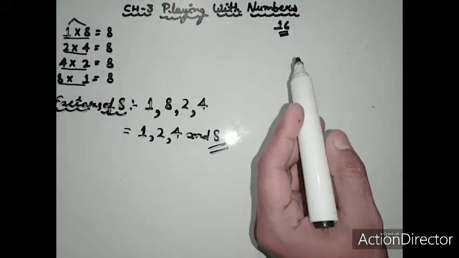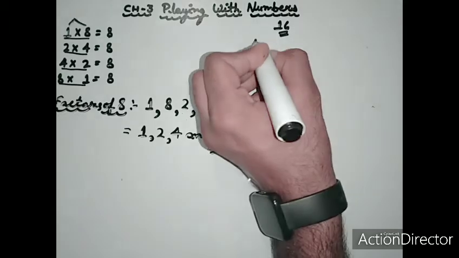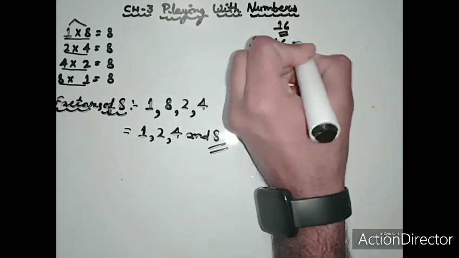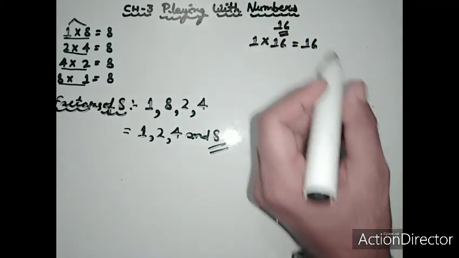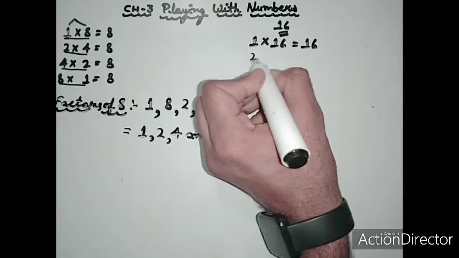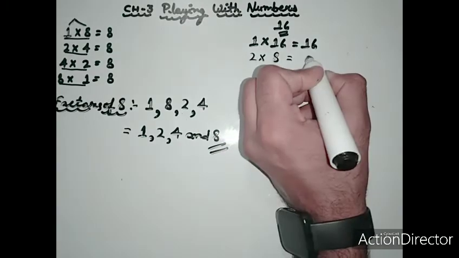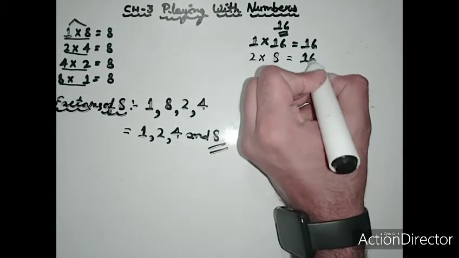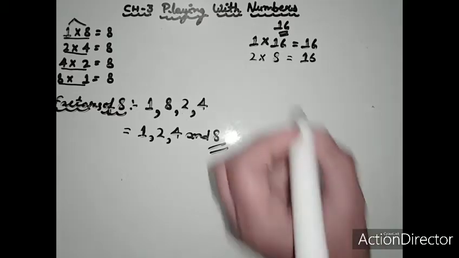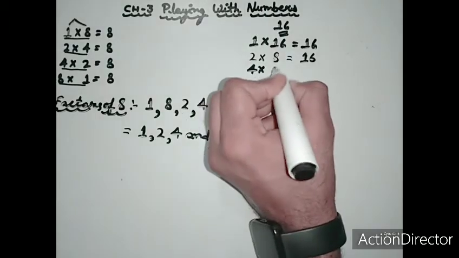Here we check and start from 1. 1 multiplied by 16 gives 16, then how many times does 16 come in the table of 2? 2 eights are 16. Now 3, 16 does not come in the table of 3 but comes in 4 also. So 4 fours are 16.